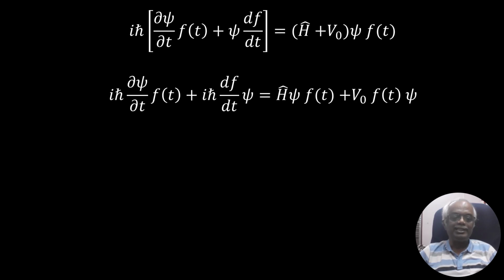Then you will get i h cross delta psi over delta t times f of t plus i h cross psi times df over dt. On the other side, if you multiply H with psi f of t, you get H psi f of t plus V naught f of t psi. So we are getting this expression.